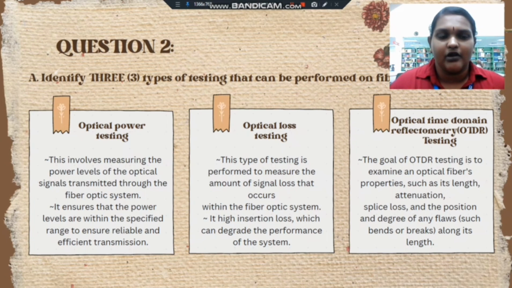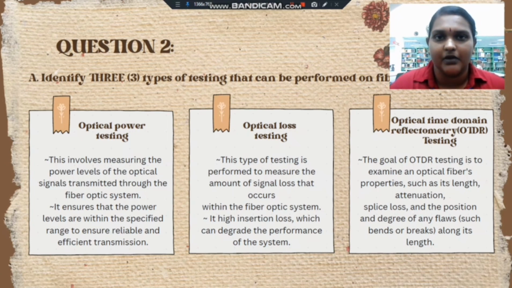I will explain question 2, which is identify three types of testing that can be performed in fiber optic cable. The first is optical power testing, which involves ensuring the power levels of the optical signal transmitted through the fiber optic system are within the specified range to ensure reliable and efficient transmission.